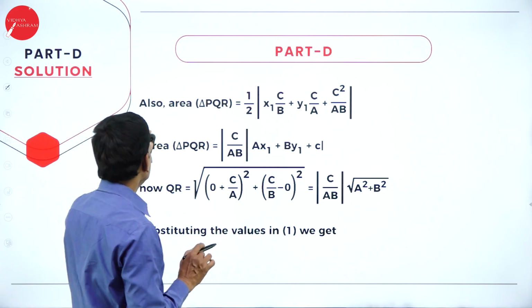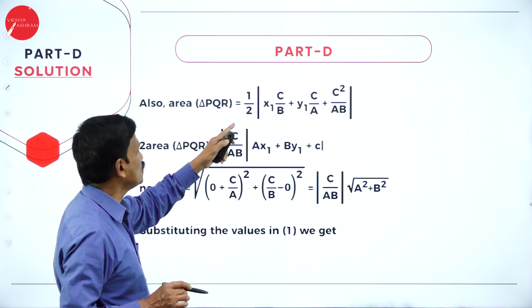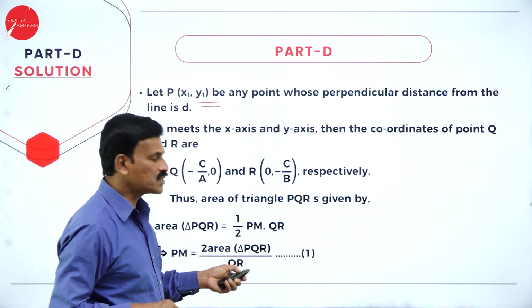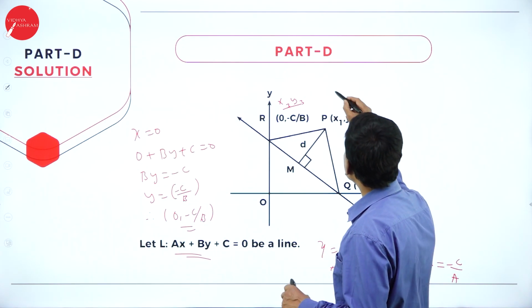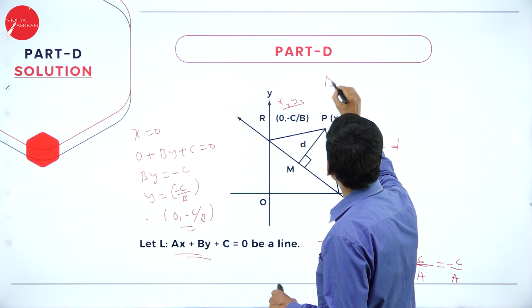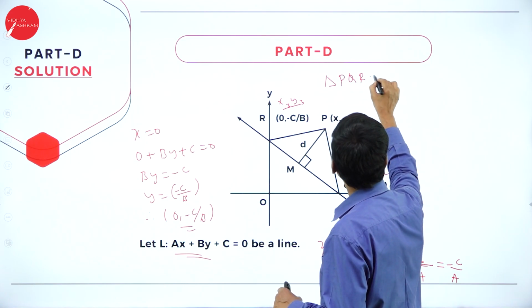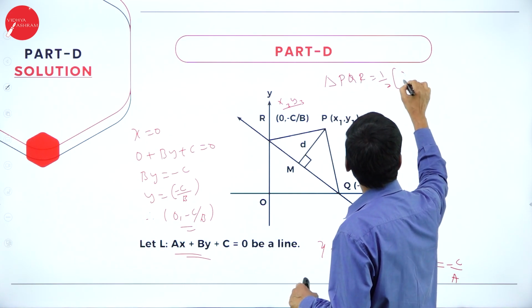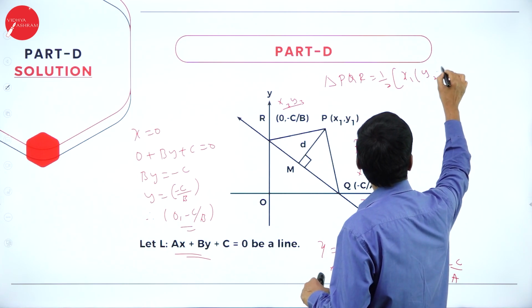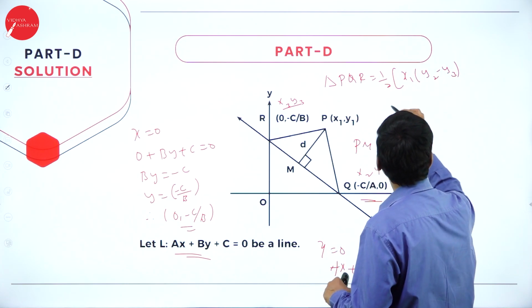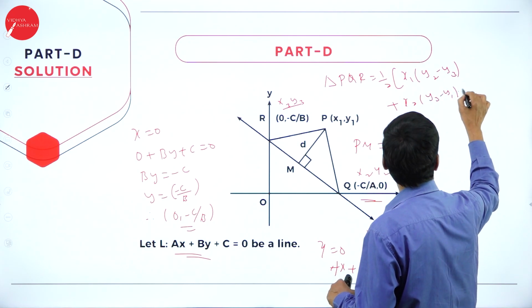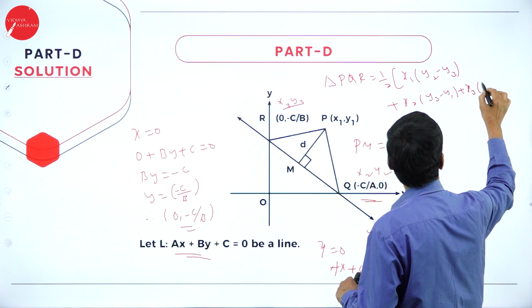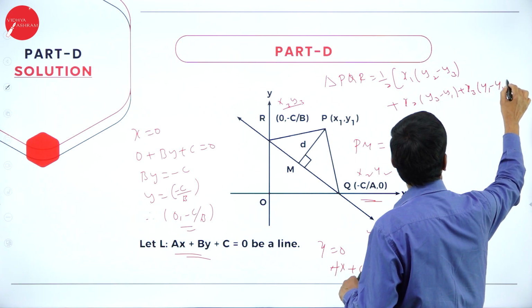Now area of triangle PQR is equal to half into base into height. To find the area of a triangle, area of triangle PQR is equal to half into x1 into (y2 minus y3) plus x2 into (y3 minus y1) plus x3 into (y1 minus y2).